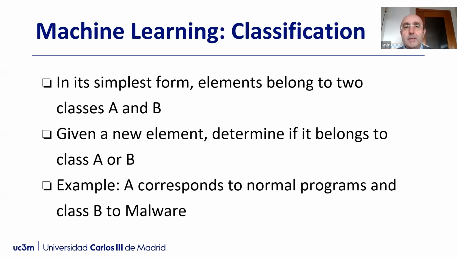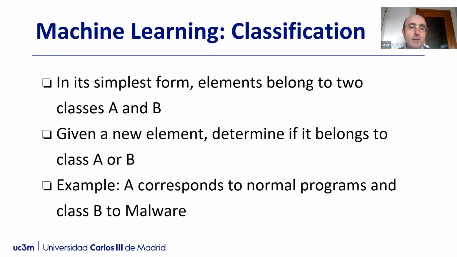One of the tasks in machine learning is classification, which is one of the simplest tasks in machine learning or artificial intelligence, which is basically: I'm given an element and I have to say if it belongs to class A or B. For example, I'm given a piece of code and I have to tell whether it's a normal program or it's malware. This can be a patient, whether they have an illness or not.